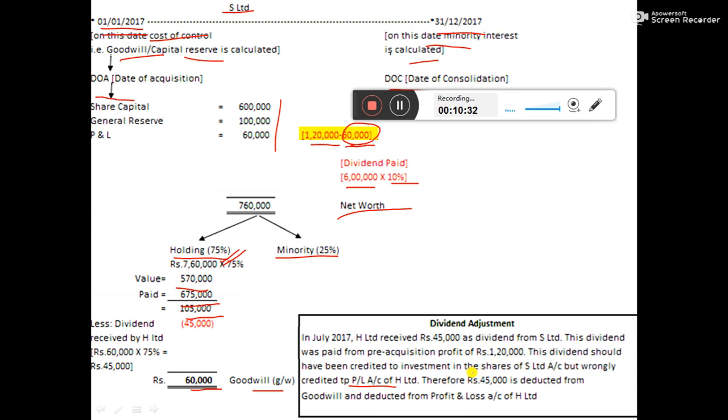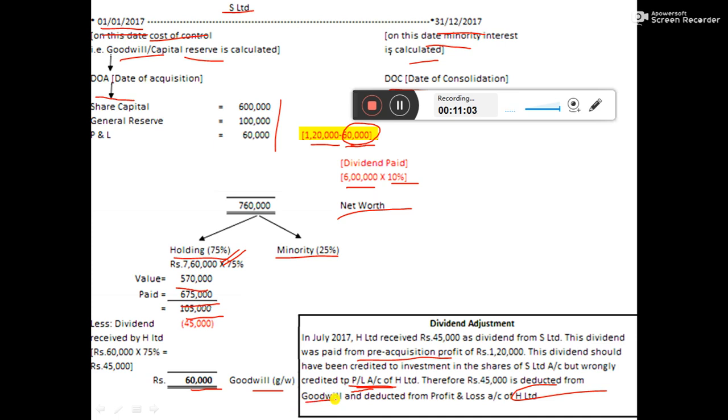So, whenever dividend is given out of pre-acquisition profits, it should never be credited to profit and loss account. So here, from the profit and loss account, whenever we are doing the working notes, in the profit and loss account working note, dividend will be deducted. Therefore, 45,000 will be deducted from goodwill.